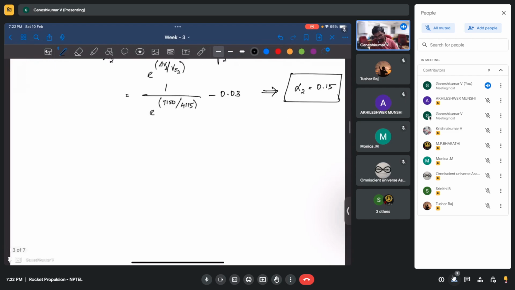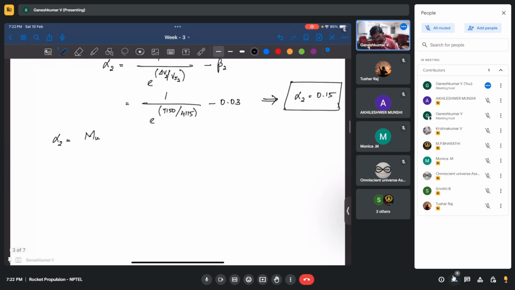But now what we know is at the second stage, alpha 2 we can write as useful mass at the second stage by initial mass at the second stage, right? Useful mass at the second stage is nothing but the payload, which is 900 kgs.